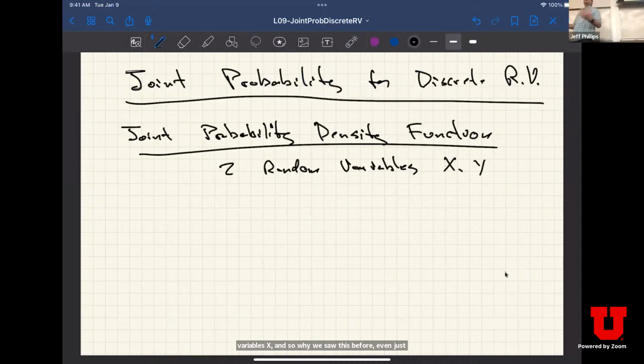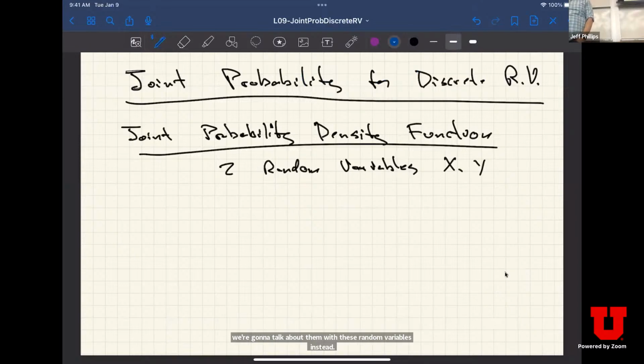But now if we have two random variables, we want to know how do these interact with each other. We want to talk about things like the joint probability, the associated joint probability density function, the conditional probability, something called marginal probability, and then are these two random variables independent of each other? We talked about most of these concepts with events, but we're going to talk about them with these random variables instead.